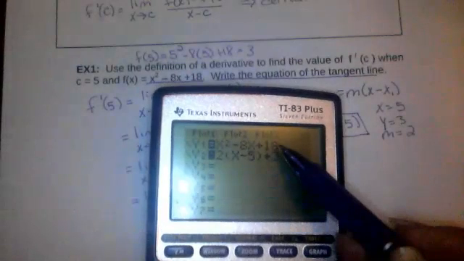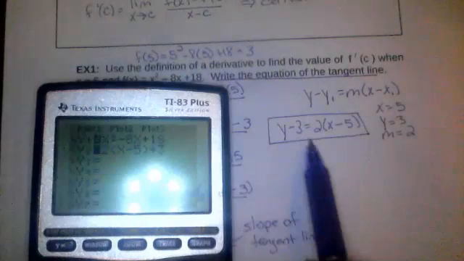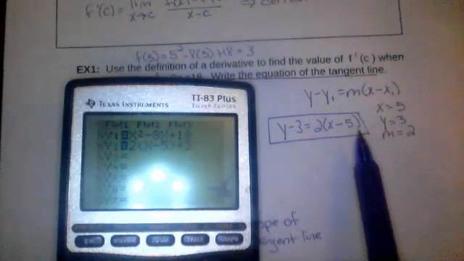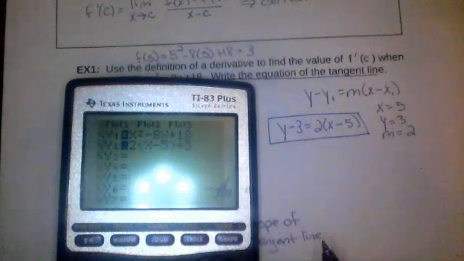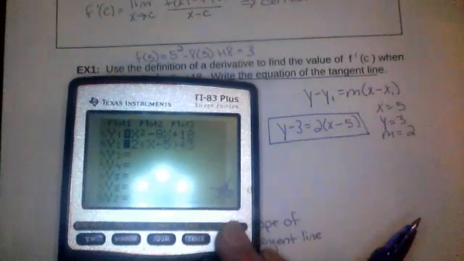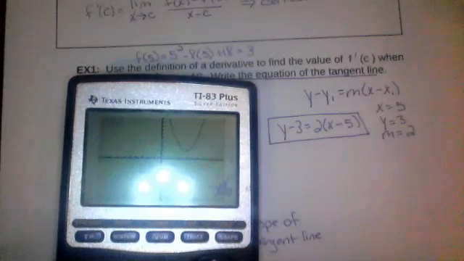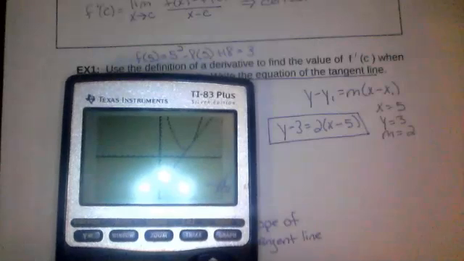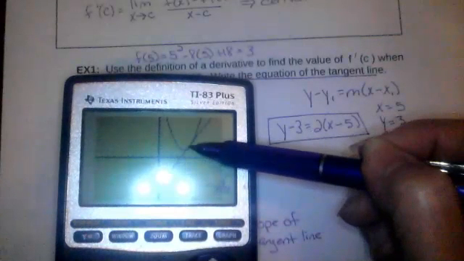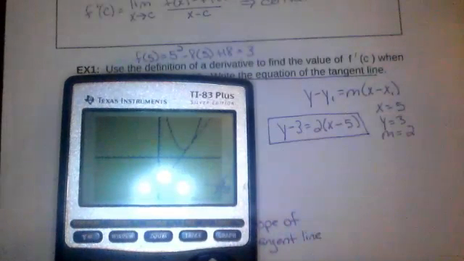We've got the curve, and we have the equation of the tangent line that we wrote. I just moved the 3 over here to the end and put it in the calculator. So here it is. This is going to graph the parabola, and then it will graph the tangent line. There's our parabola. There's our tangent line. So at 1, 2, 3, 4, 5, which is right here, this is the equation of the line that we just wrote.